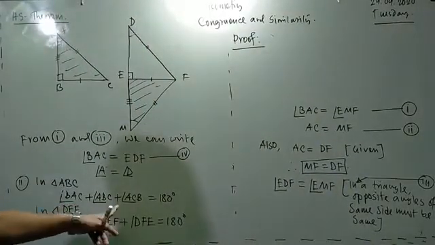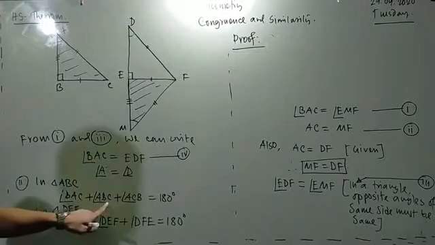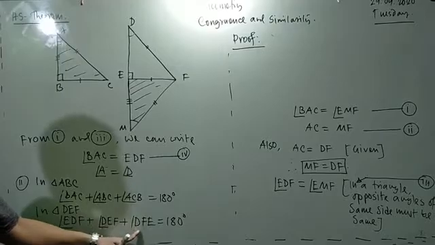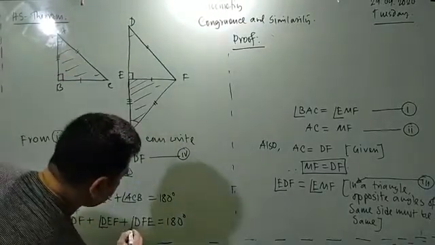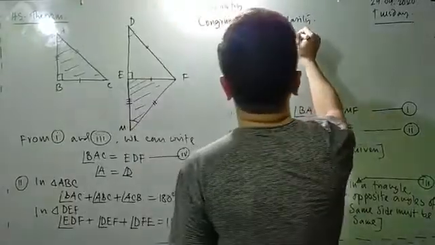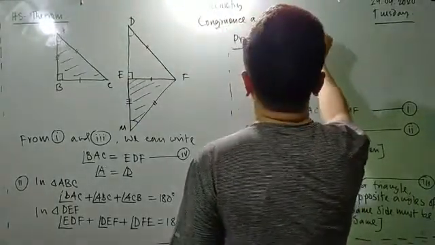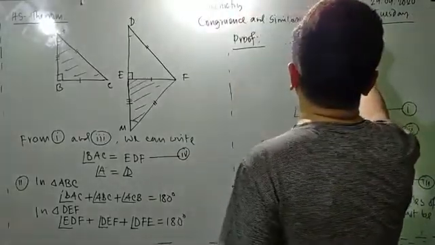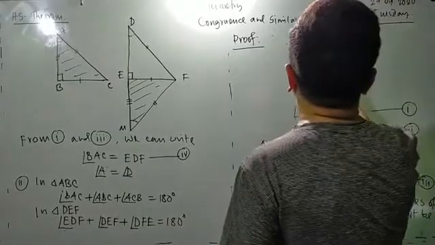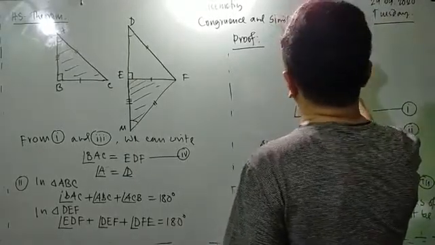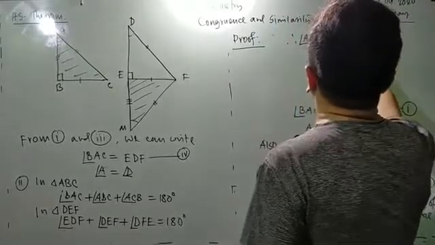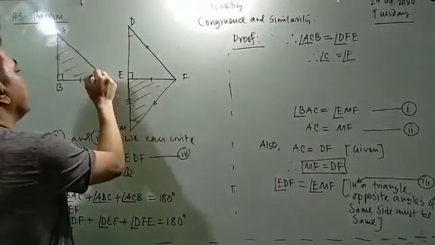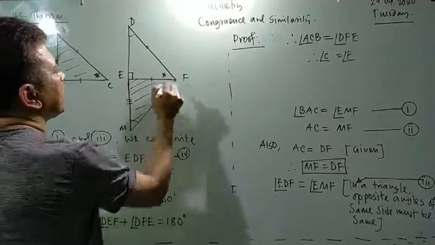From both of these, BAC equals EDF, ABC equals DEF, and 180 degrees equals 180 degrees. So angle ACB must equal angle DFE. So therefore we can write angle ACB equals angle DFE, or we can write C angle equals F angle. Okay, so this angle we have shown here is equal to this angle.